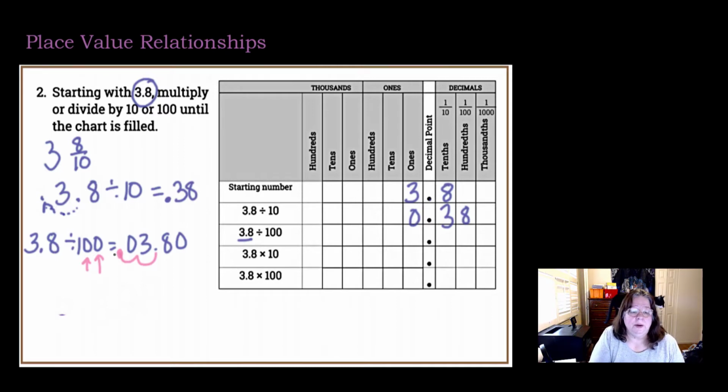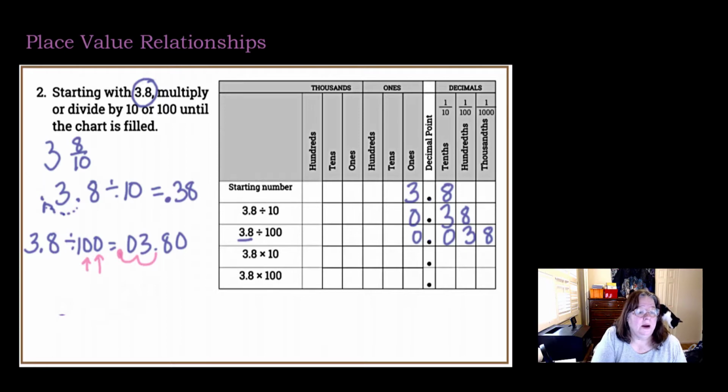So our new number is, I'm going to put a 0 in front of the decimal, and then I've got 0, 3, 8. I would read this as 38 thousandths.